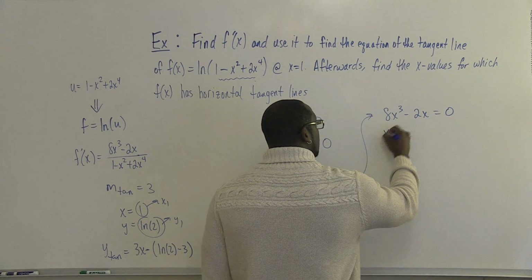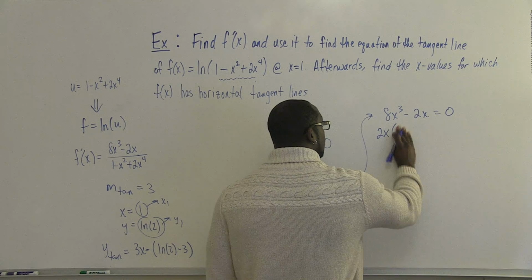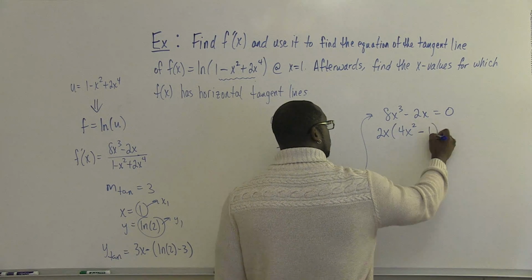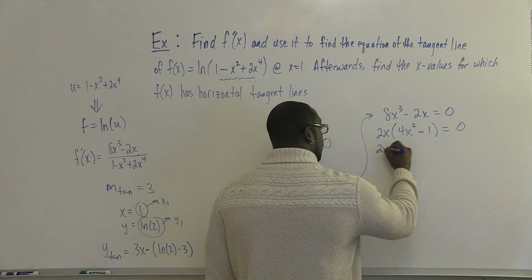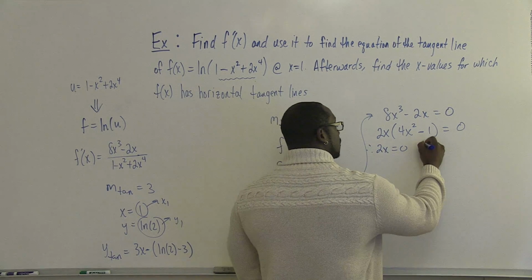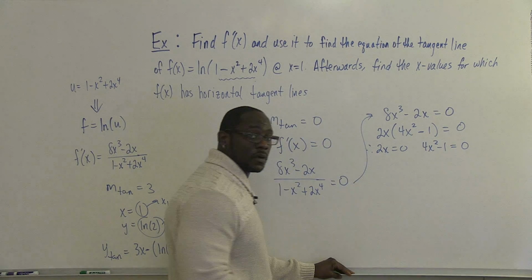And then from here, we can factor out a 2x out of each term. So we have 2x times 4x squared minus 1 equals 0. And then from here, we can break this out and say that 2x is equal to 0 or 4x squared minus 1 is equal to 0.